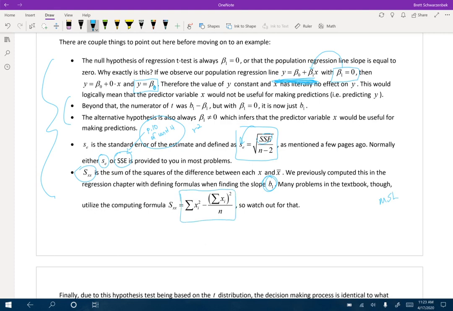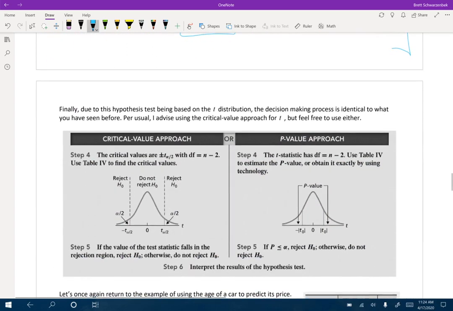So I'm going to show you how to do it in the next example using the computing formula, because it's really easy, and sometimes you have to do that. Some of this stuff, these last two bullets, can be tough. We're sort of all over the place with where the formulas could come from, but the best way to figure this out is to do examples so that you feel a little more comfortable with it.